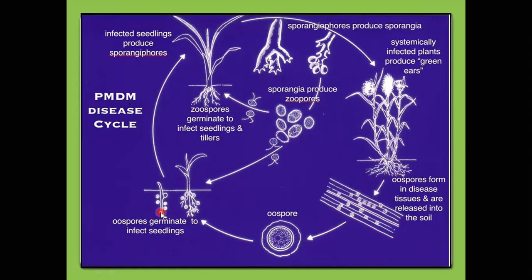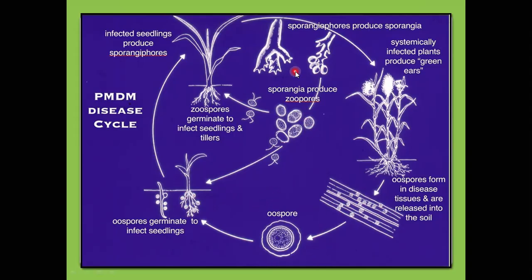Another possibility is that the farmer uses seeds from infected plants, and these infected seeds are used for sowing in the next year, so 100% disease is produced. So infected seed and oospores present in soil are the two possibilities to initiate the primary infection in healthy plants.